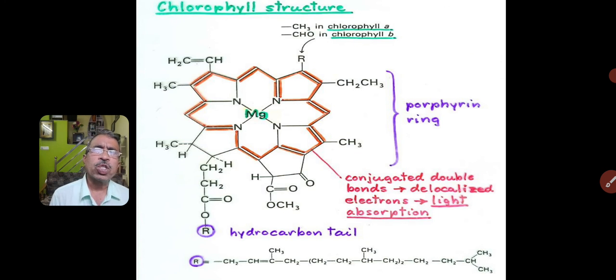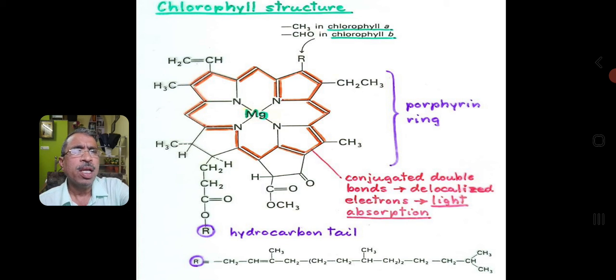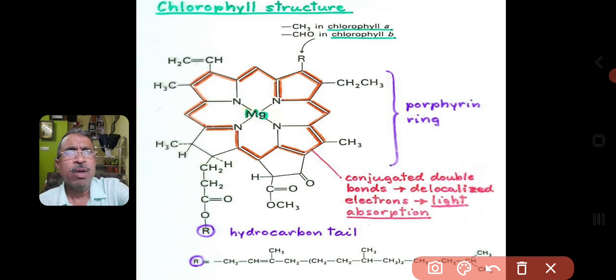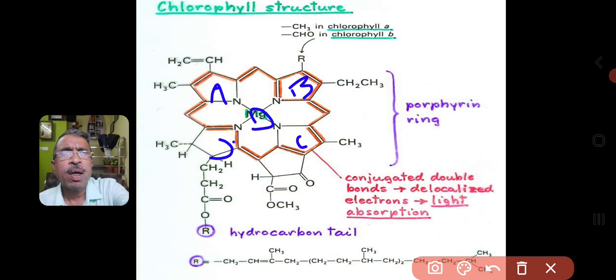Here I have shown the students the structure of the chlorophyll, which I have shown earlier. Here, instead of iron, we have magnesium. And we have A, B, C, D, the pyrrole rings.